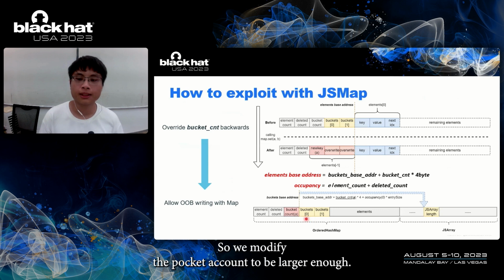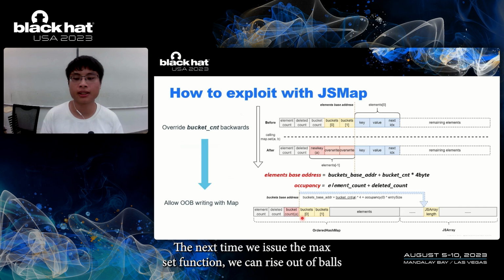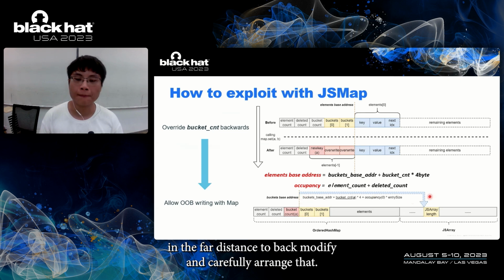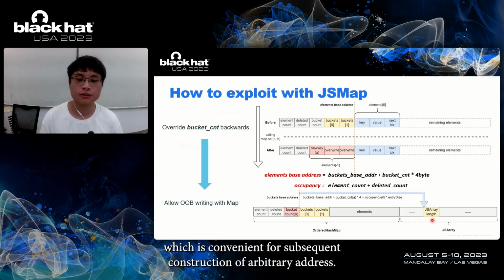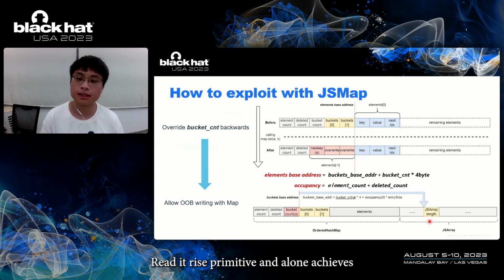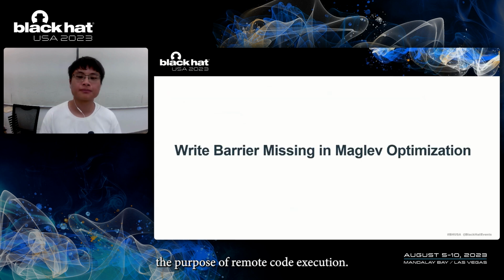As long as we modify the bucket count to be large enough, the next time we execute the map set function, we can write out of bounds far to the back, modifying the carefully arranged JS array structure behind the JS map structure, so that the length of this JS array becomes super large, which is convenient for the subsequent construction of an arbitrary address read-write primitive, and then achieves the purpose of remote code execution.